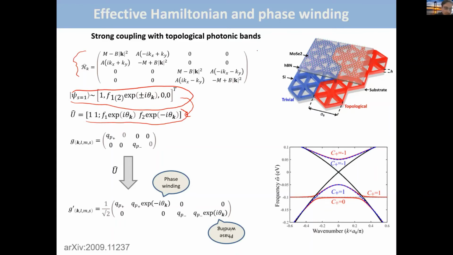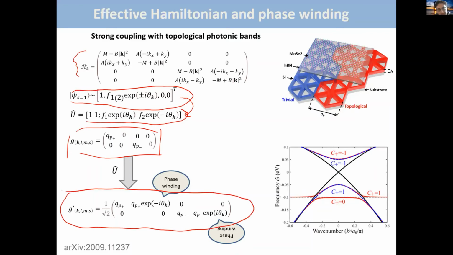What happens if you apply this transformation to our photon-exciton coupling term is that we obtain this new effective coupling. And we see that this effective coupling acquires, because of the structure of these photonic topological eigenmodes, which have winding in them, right, a Berry phase.